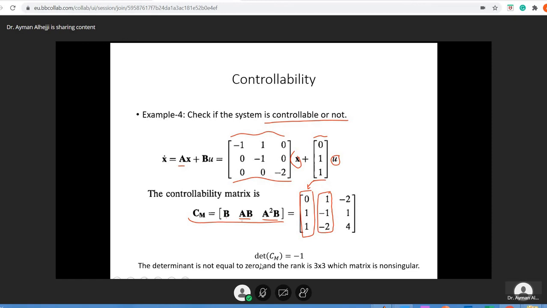Let's see it together. If you multiply here -1, 1, 0, you will get 1, this one. Second row, 0, minus 1, 0 times this vector, you will get -1. The last row times this vector, 0 times 0, 0 times 1, here -2 times 1, it becomes -2.